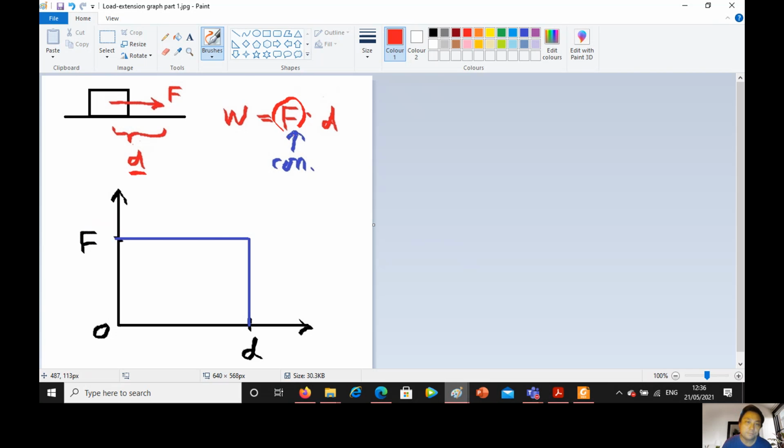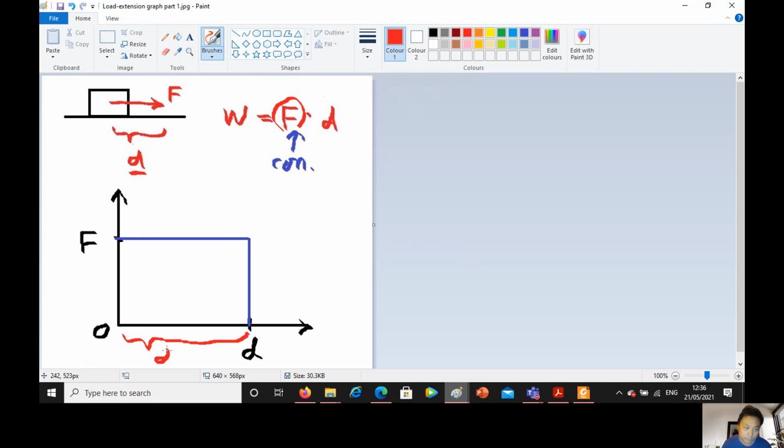If the force F is constant, then we can plot a graph like this. When we apply F, the box starts to move, and after a certain time it would make a displacement of d.